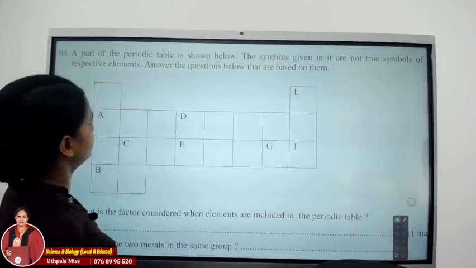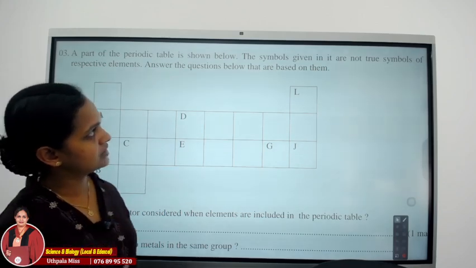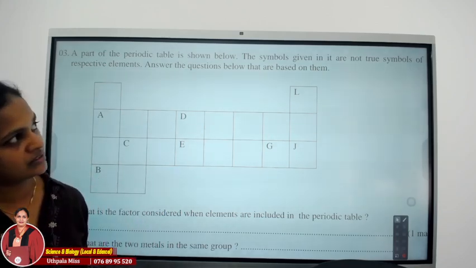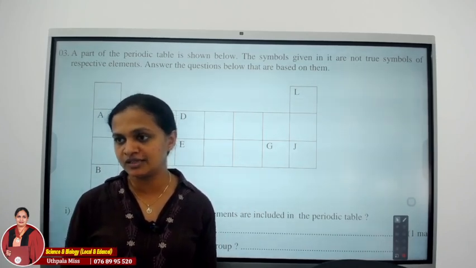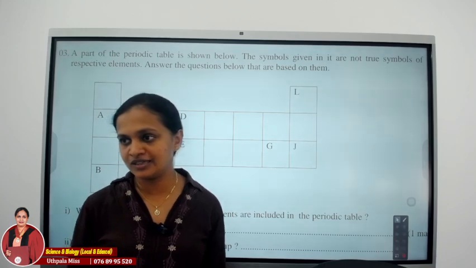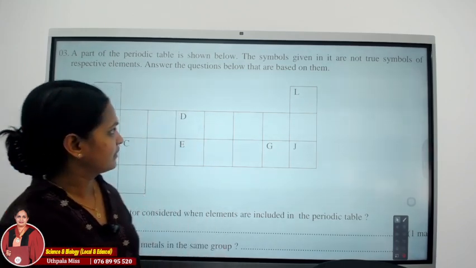A part of the periodic table is shown below. The symbols given in it are not the standard symbols, not the true symbols of the respective elements. Answer the questions below that are based on them. Right.